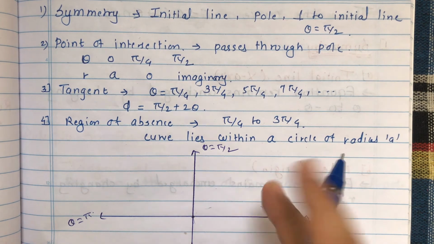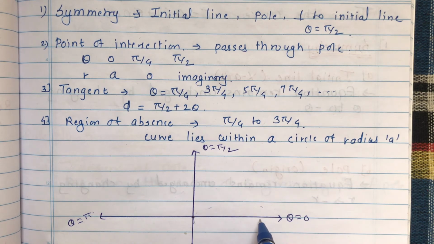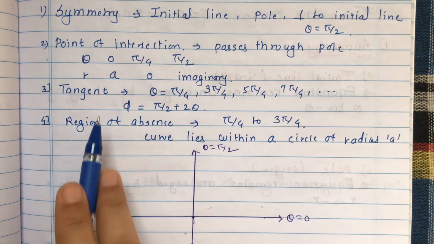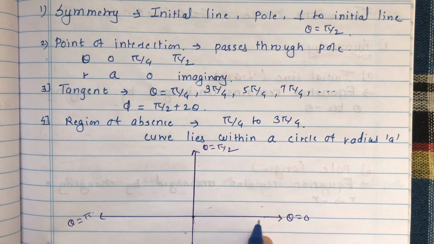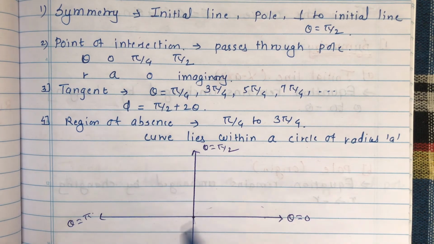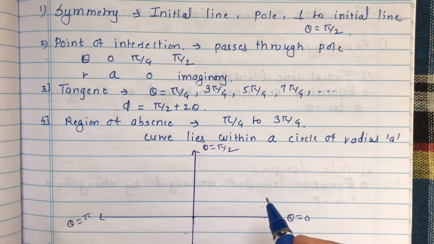Then second will be plotting of points. Then third, we have to draw the tangents for the points which are plotted. And fourth, shade the region of absence, and then we will draw the curve.